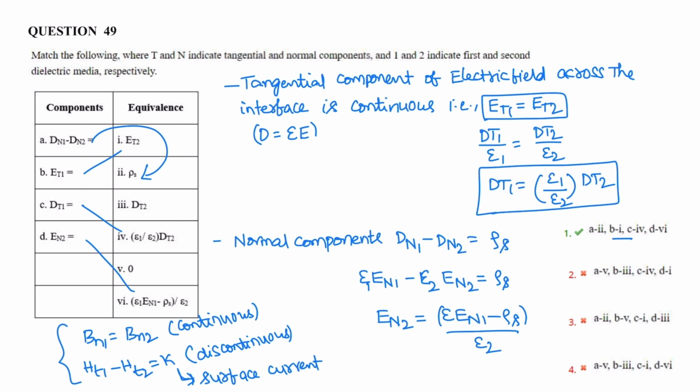This is related to the magnetic field, and this is related to the electric field. The tangential component of electric field is continuous. The normal component of electric flux density is discontinuous and is equal to rho s, the surface charge density.